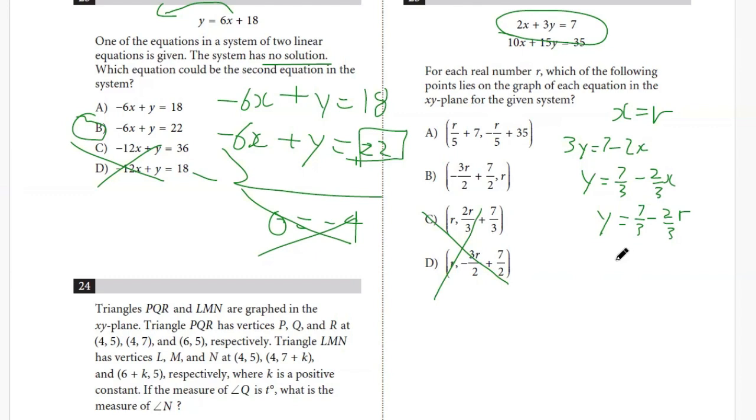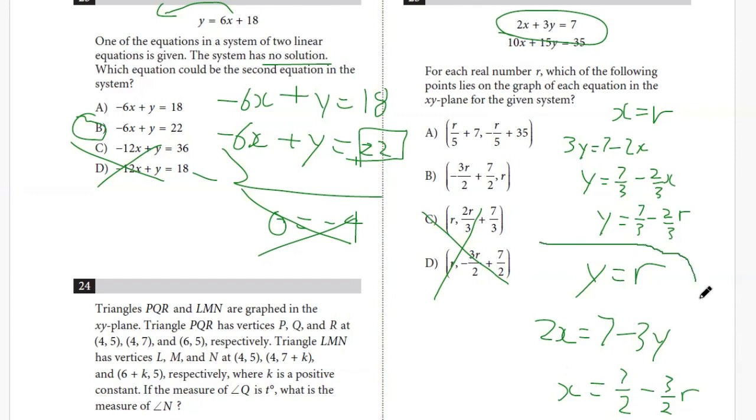And I'm going to, for now, assume y is equal to r. And if that's the case, I'm going to go ahead and say that 2x is equal to 7 minus 3y. x is equal to 7 over 2 minus 3 over 2r.